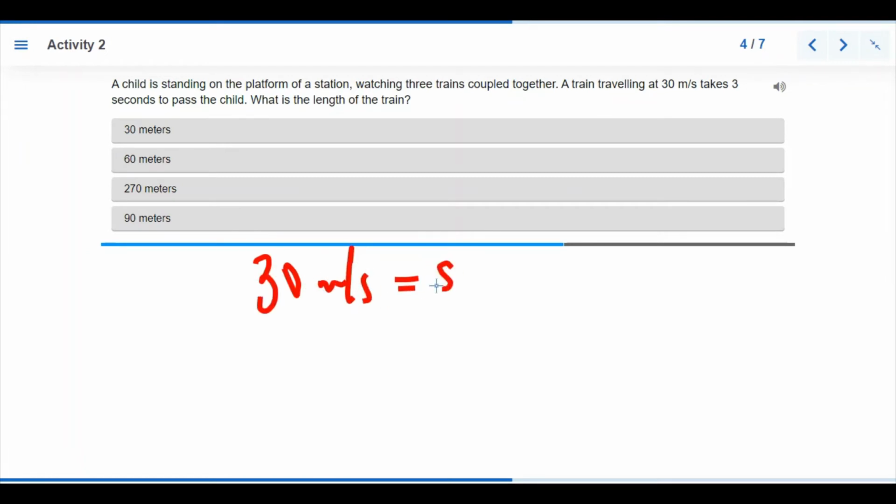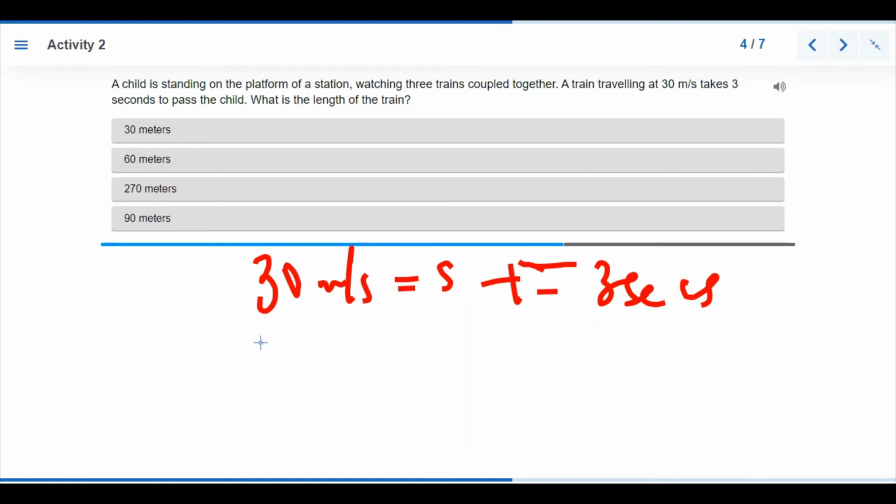That is the speed. And three of the trains are together. We are now asked to determine the length of the train. And it takes time of 3 seconds.